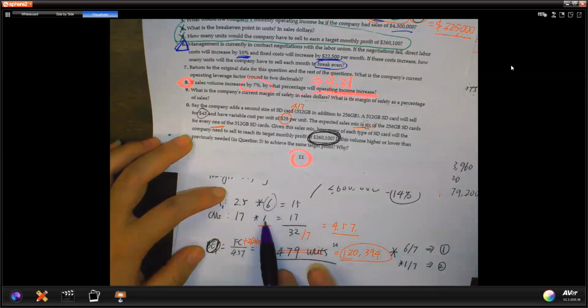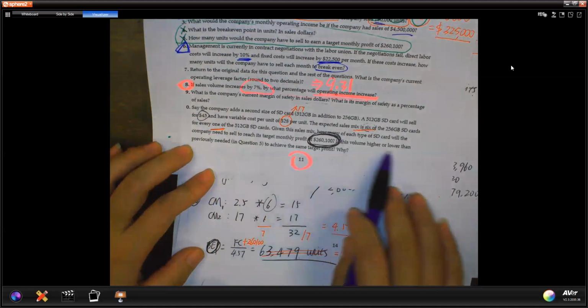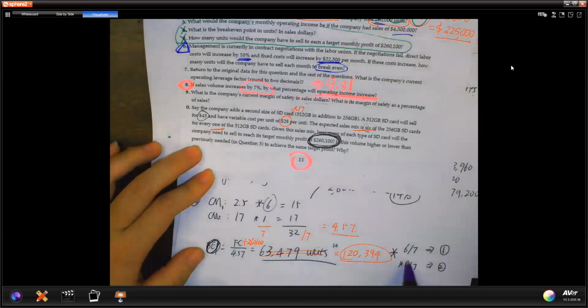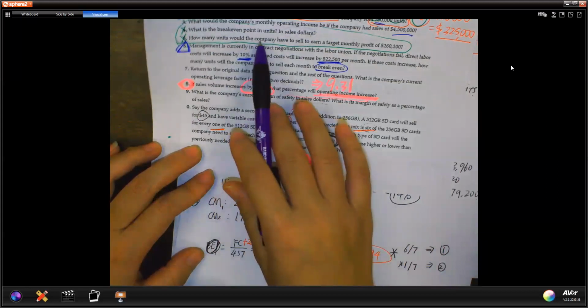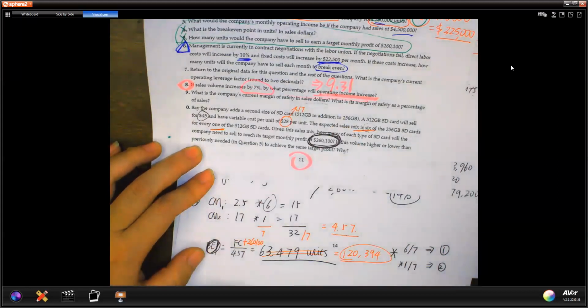So if you do all this math, you should be able to get the answer. And the answer says higher or lower. I don't have the numbers, so once you get the number, you can check with your previous answer to get the final decision.